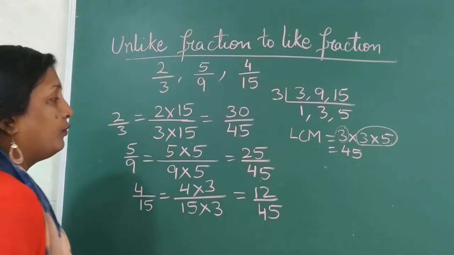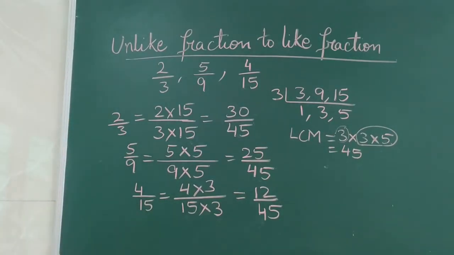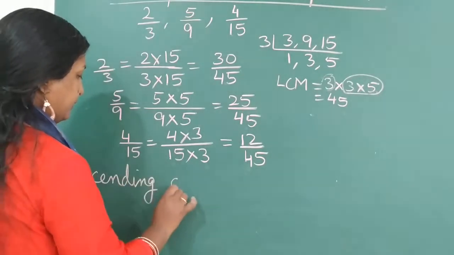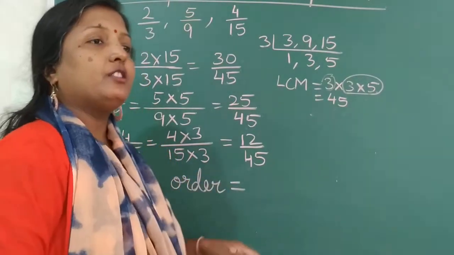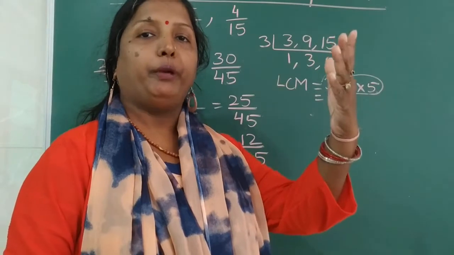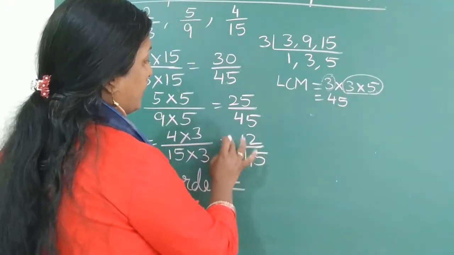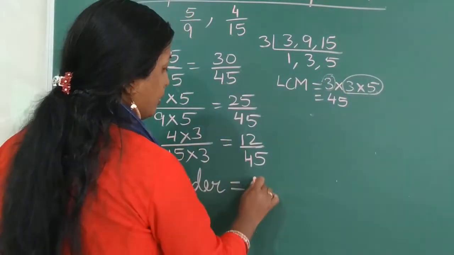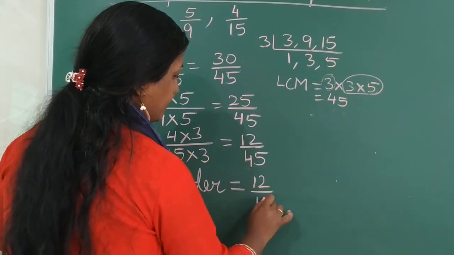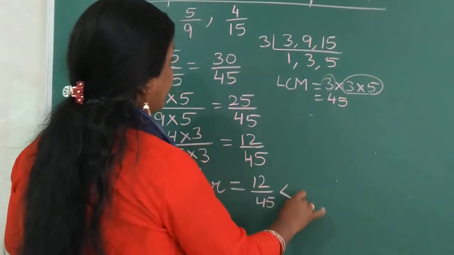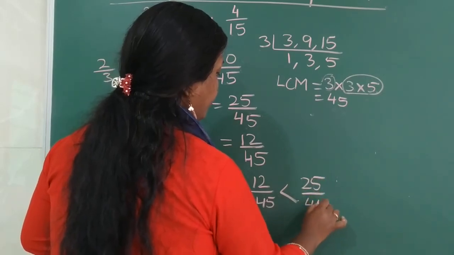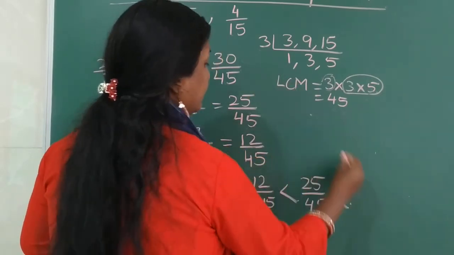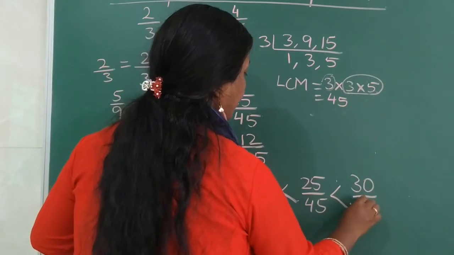So if you have to go for ascending order, ascending means you go from small to big. So the smallest numerator is 12. So 12 by 45 is less than 25 by 45, and 25 by 45 is less than 30 by 45.